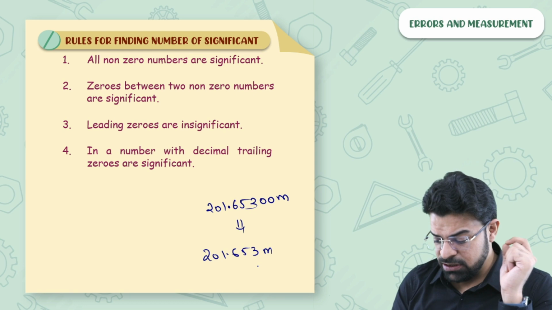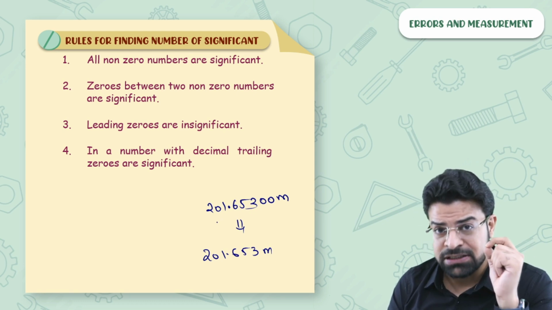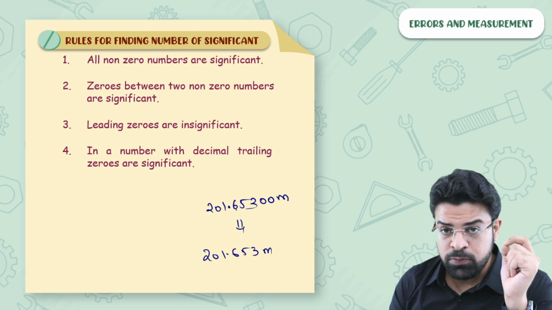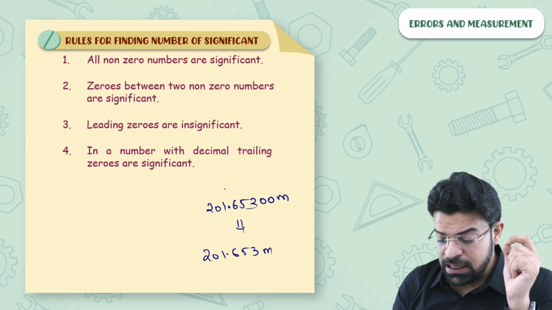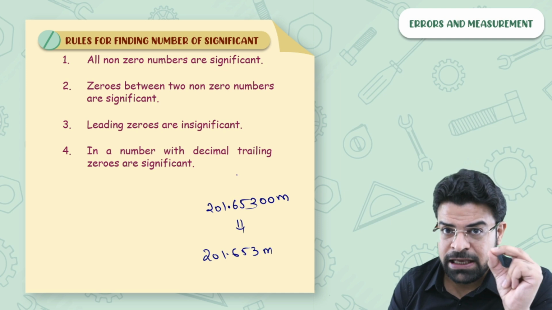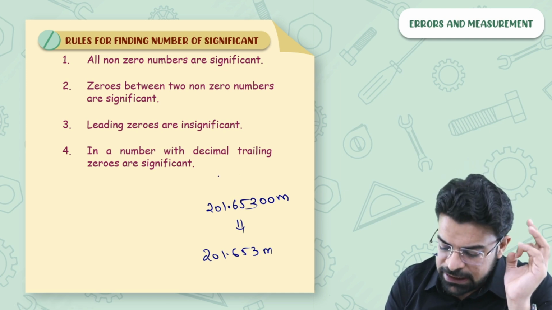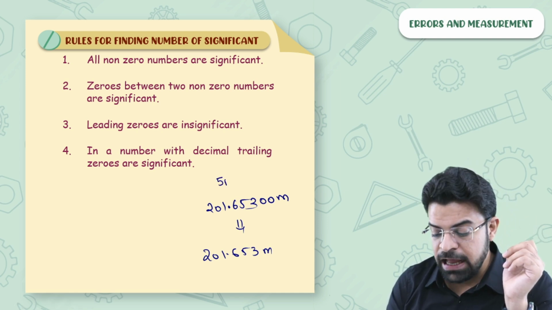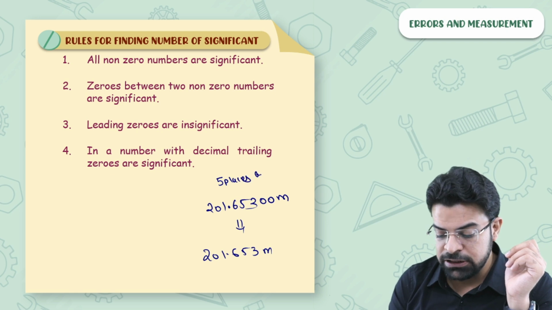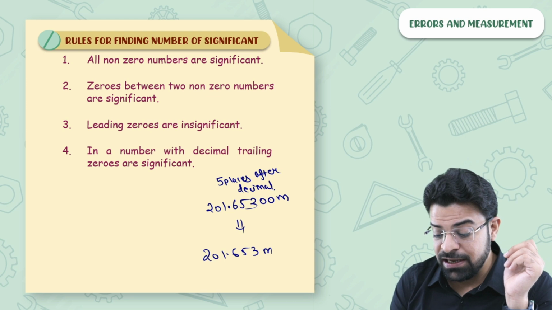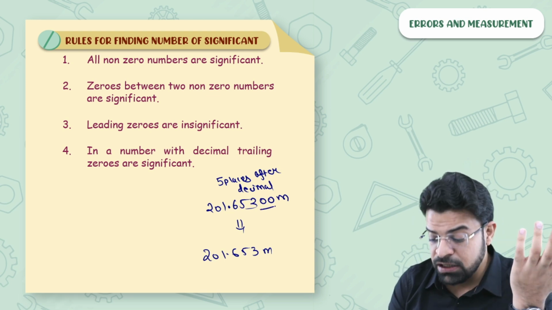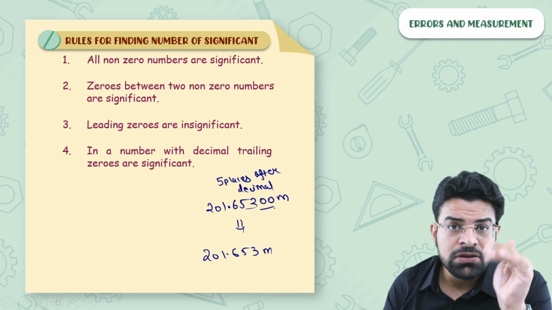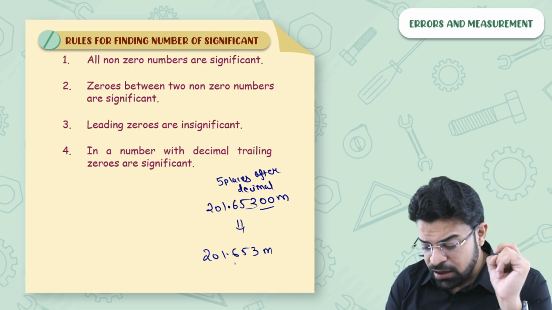When a scientist writes 201.65300 meter, what they mean is that I have used a device so awesome that it can measure up to 5 places after the decimal. And I got the reading as 00. So I wrote 00.